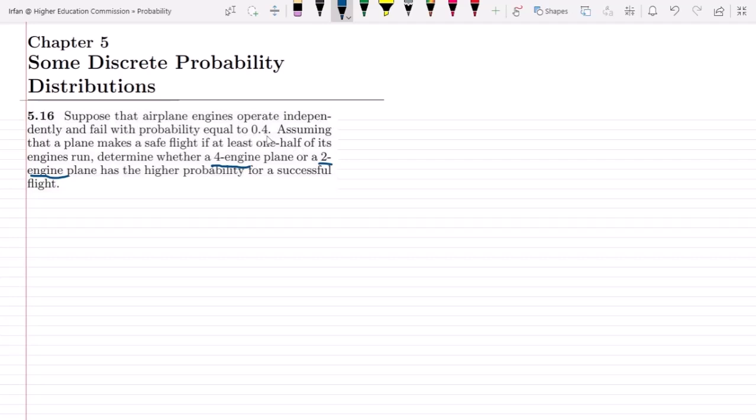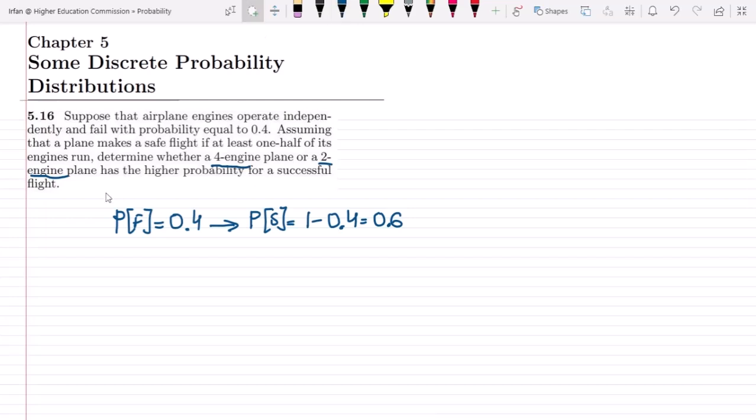The failure probability here is 0.4, so P of F is 0.4. On the basis of it, we can also find the probability of success, which would be 1 minus the probability of failure, so 1 minus 0.4, which is 0.6.